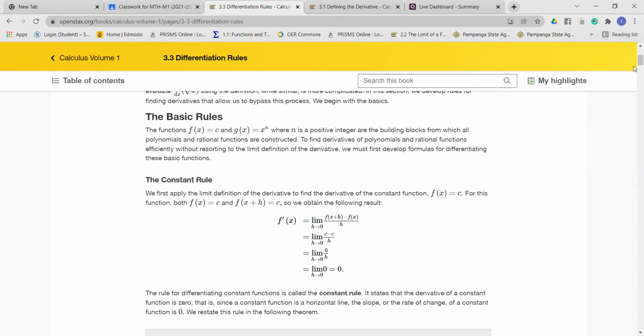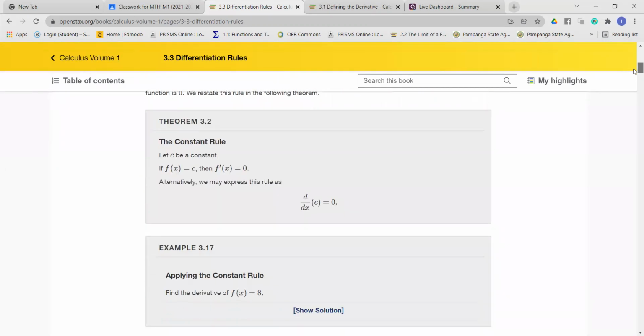So the first one is the constant rule. It states that if f of x equals c, where c is a constant, then f prime of x equals 0. It means to say that the derivative of any constant is equal to 0.